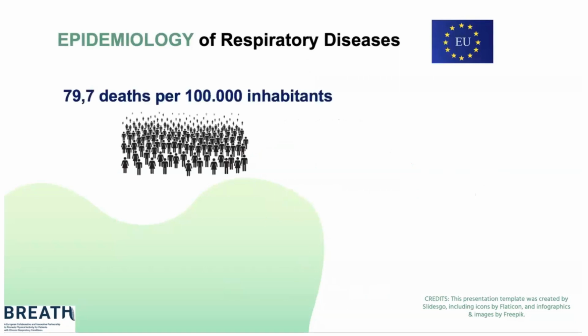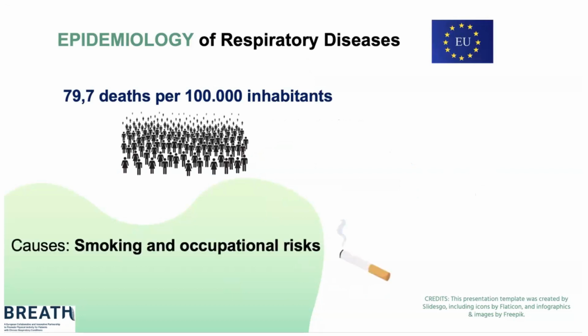And this recent data suggests that we have 79.7 deaths per 1,000 inhabitants in Europe. The main causes of these deaths, acute respiratory symptoms, are related to smoking and occupational risks.